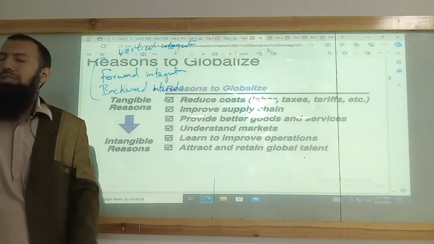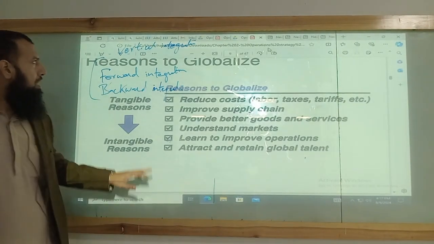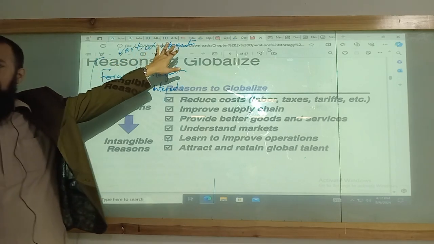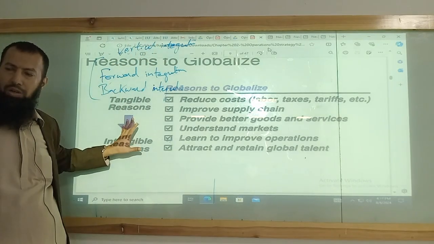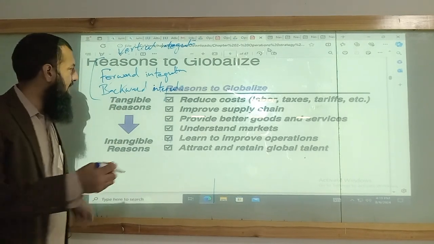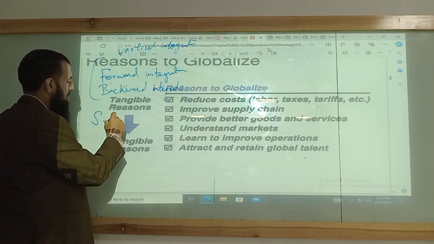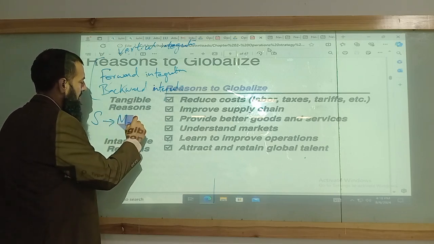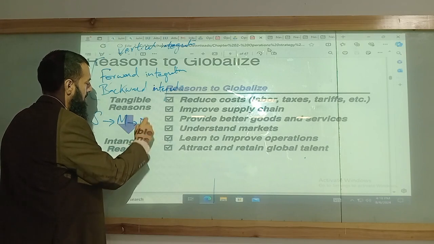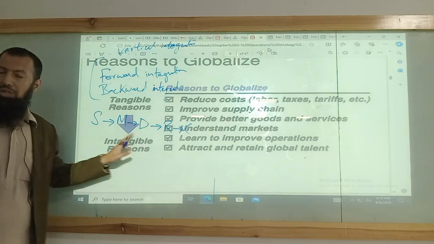Yes, there is a question from the back. Look, there is a concept of vertical integration in which we talk about acquiring the supply chain. You see, supplier. Sir, being a broker is also one part of backward integration. So you see, these are the stages of supply chain.